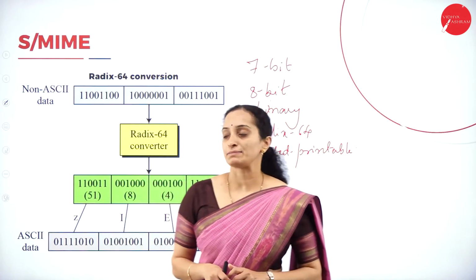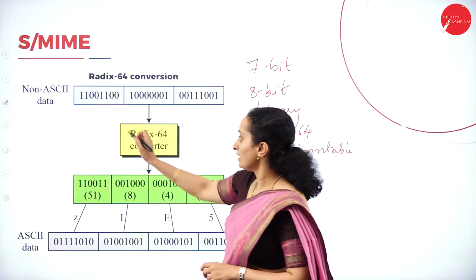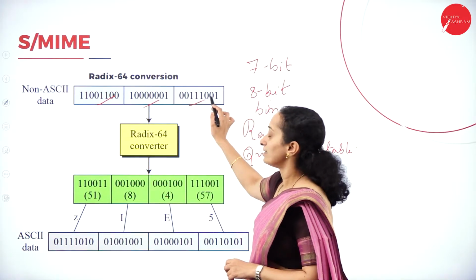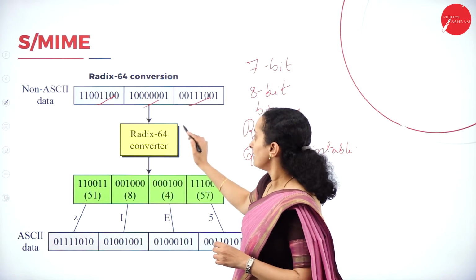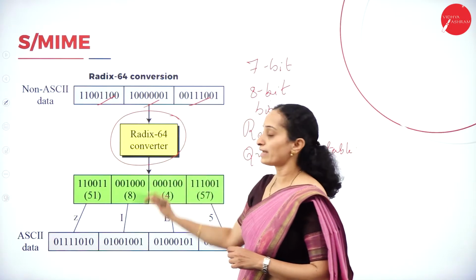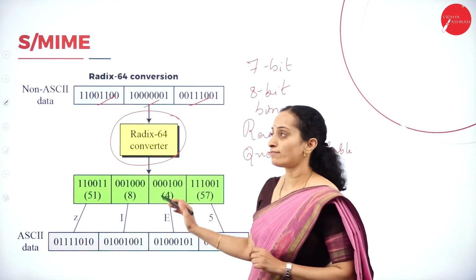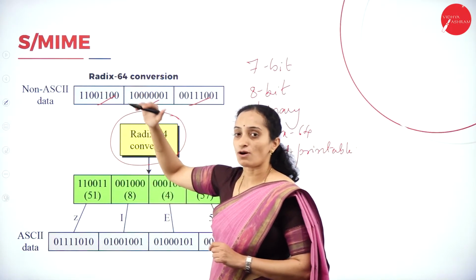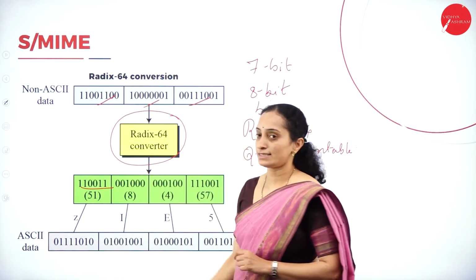Here we have the diagrammatic representation of the Radix 64 conversion. You can view here the blocks of 8-bit, 1 byte each, will be applied to the Radix 64-bit converter. So this converter converts this non-ASCII data to ASCII form with a 6-bit.